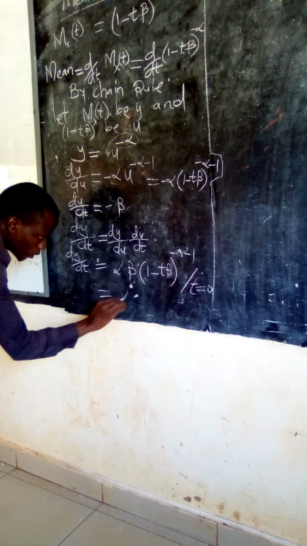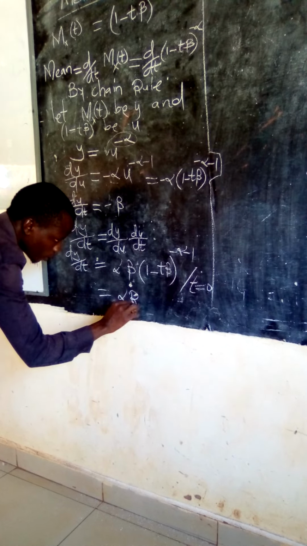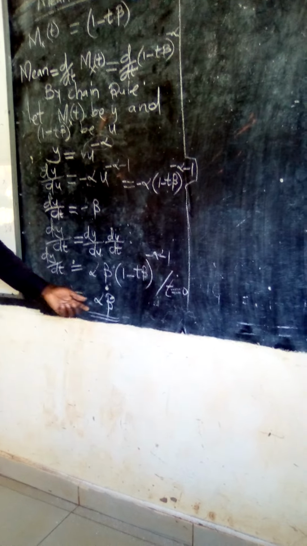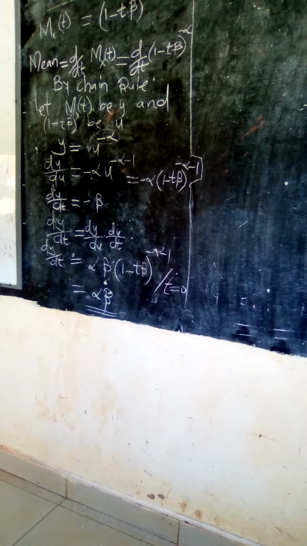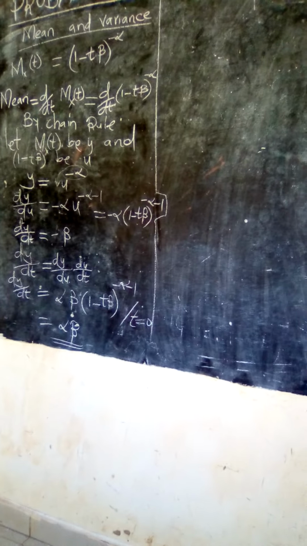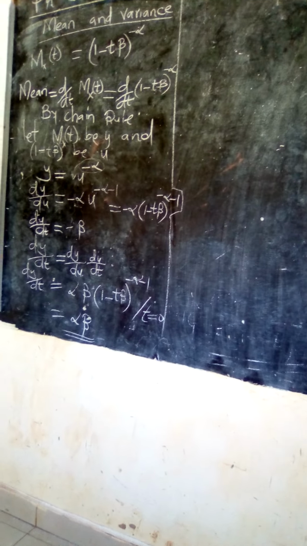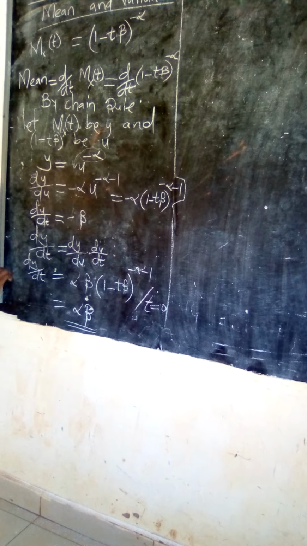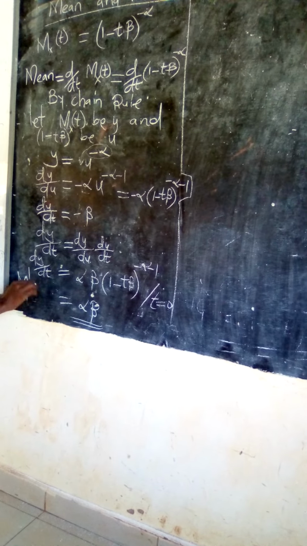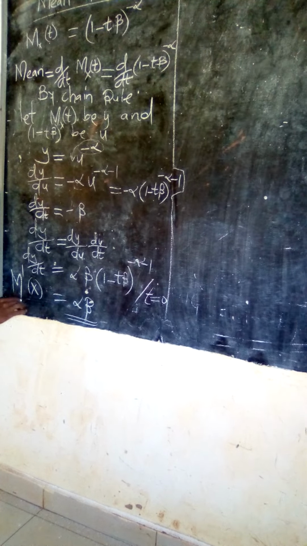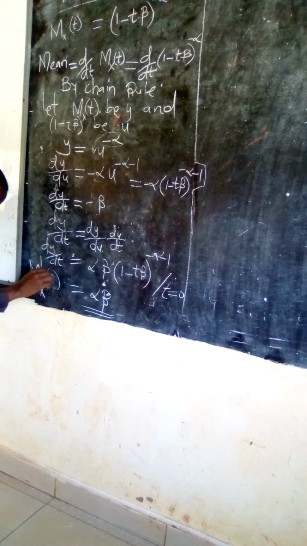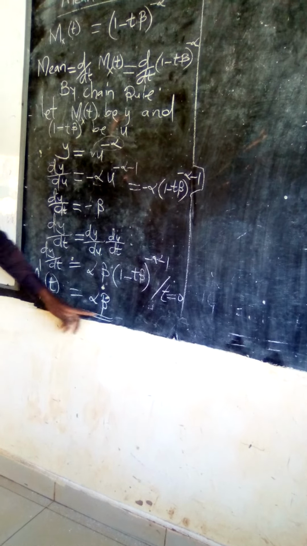So you write alpha beta as your answer. You will have gotten the mean. Having gotten the mean, alpha beta, we also framed it as the first derivative of the mgf function. Remember, that is the mgf function, that is M(t) as this.